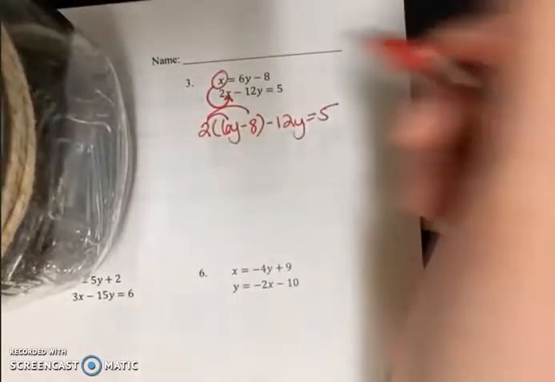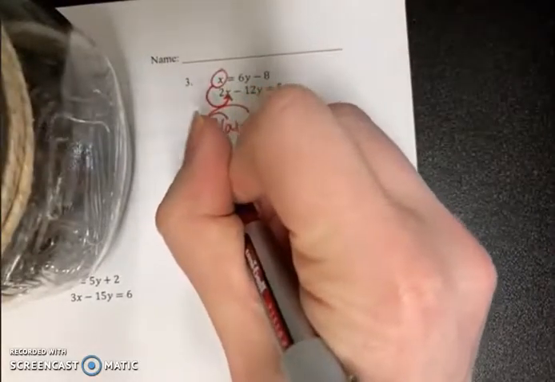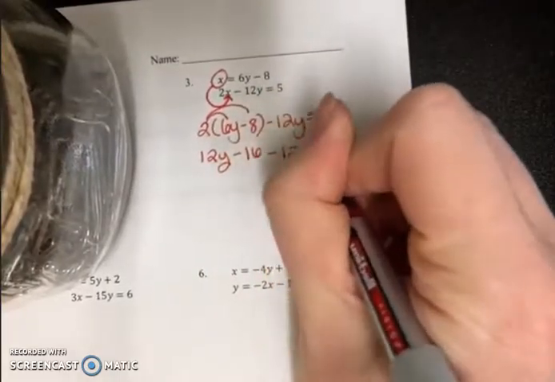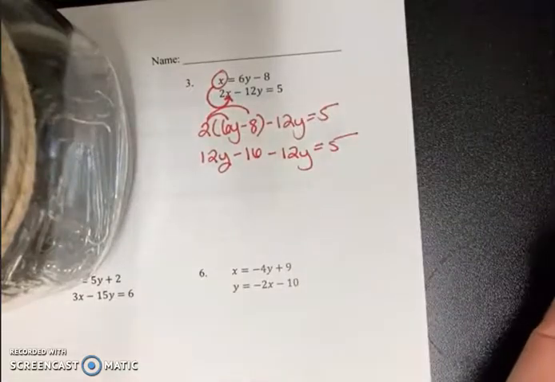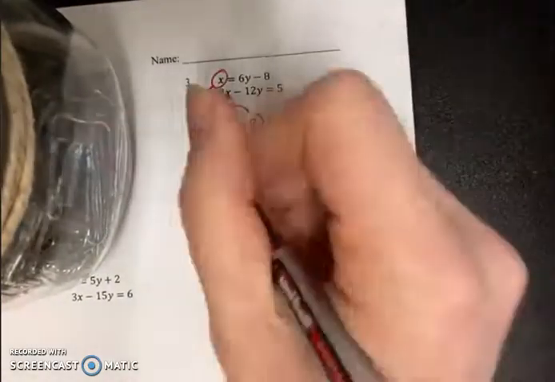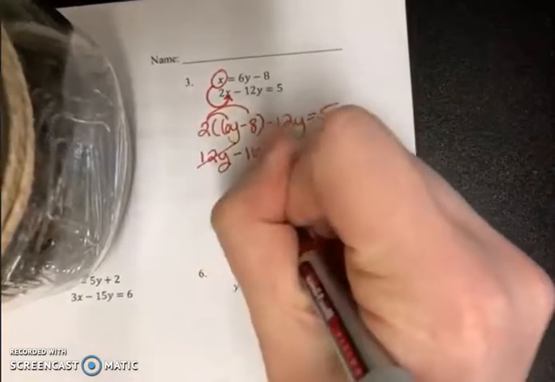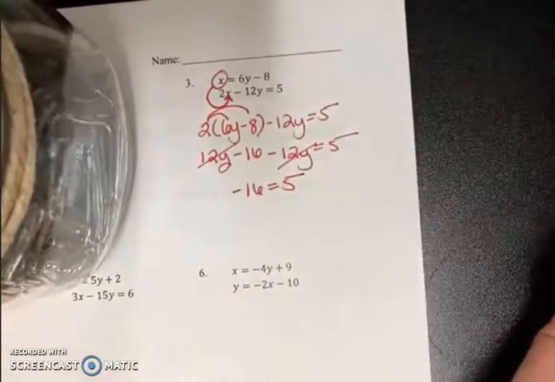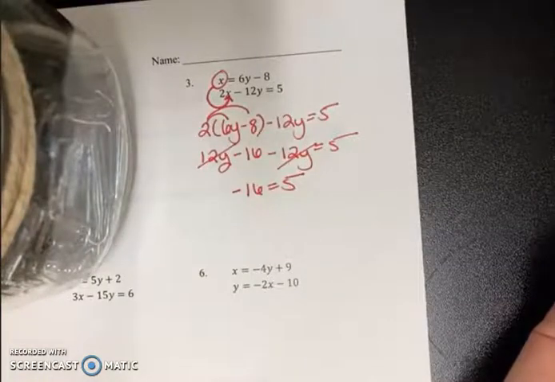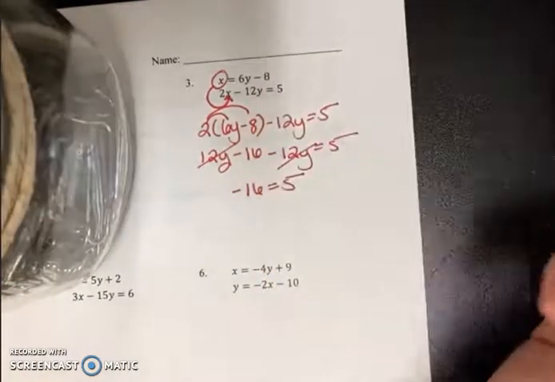First, you're going to have to distribute the 2. So if I distribute that 2, I get 12y minus 16 minus 12y equals 5. The 12y's cancel, and I'm left with negative 16 equals 5. So the y's canceled, meaning I can't solve for y. I can't solve for x because I don't know what y is.